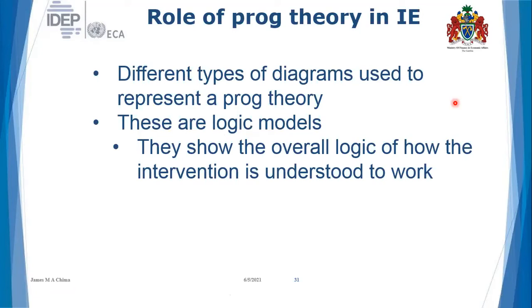Different types of diagrams are used to represent a program theory, as we already alluded to in the logic models, which show the overall logic of how the intervention is understood to work. The different layouts that are mirrored in the logic models about the program theory are already building and manifesting relationships that will help us understand how the intervention is envisaged to work.